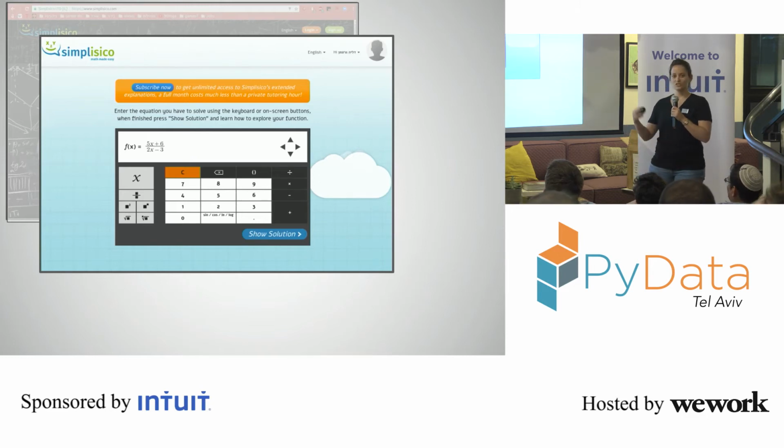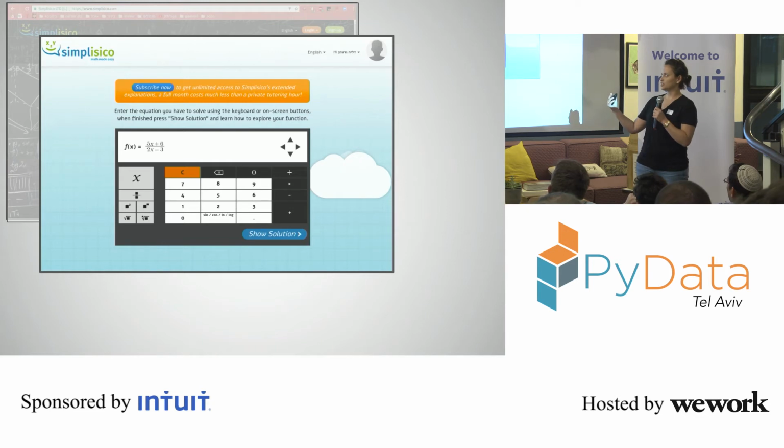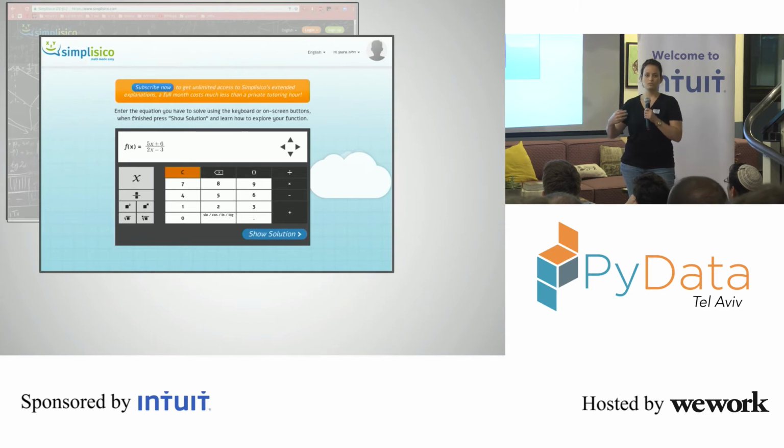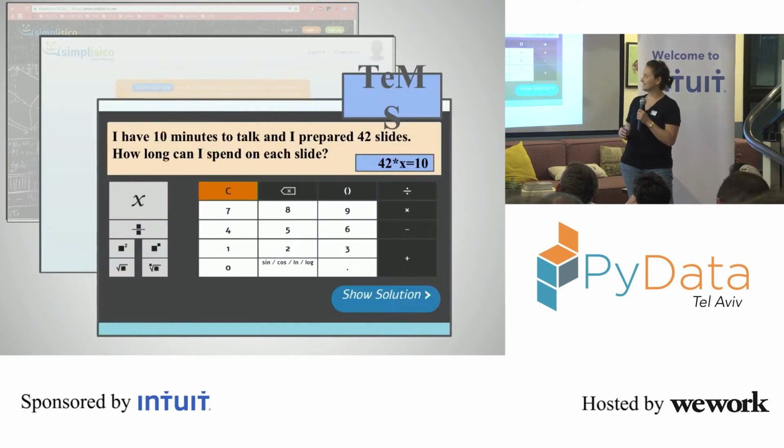What you can do is go on the website, enter your function into the online calculator, and Simplicico will guide you through the process of solving the question.